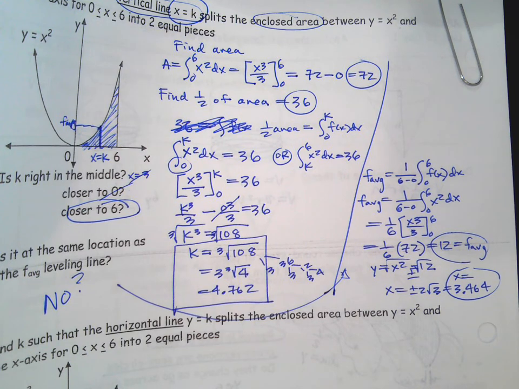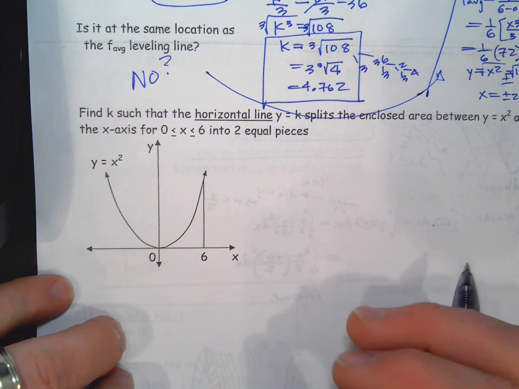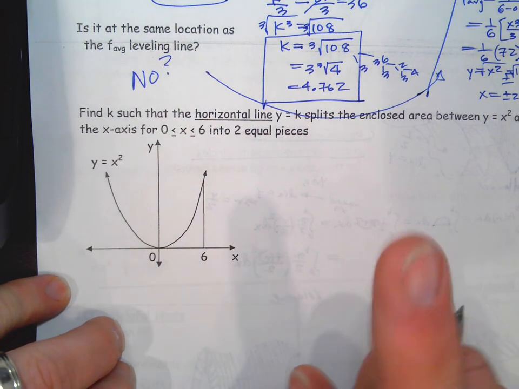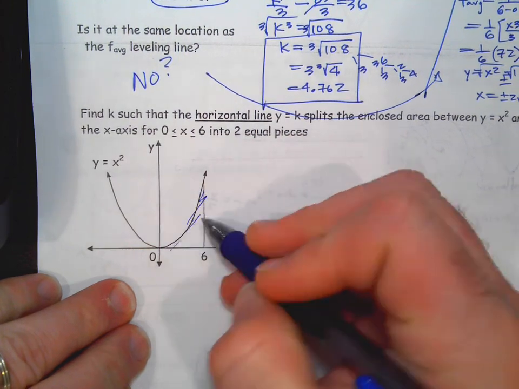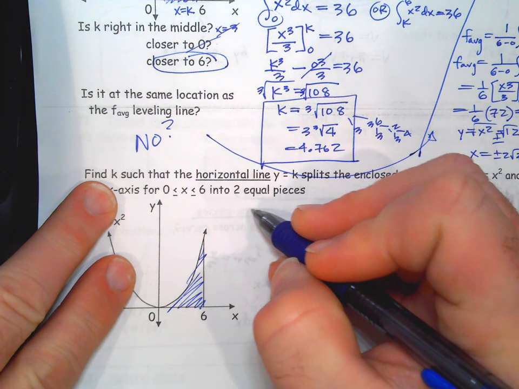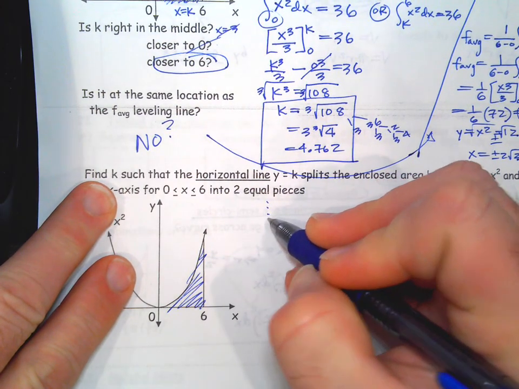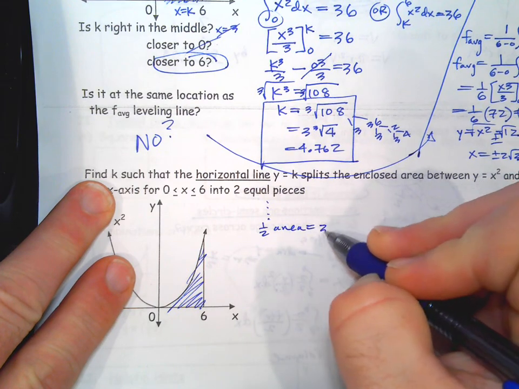So, all right, now let's take it one more step. Let's do it as a horizontal line that cuts the area in half. Okay, so it's the same area, right? So I'm going to skip those first steps, and we know that half the area equals 36.